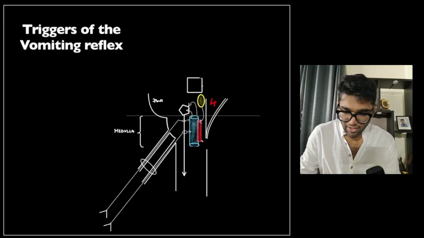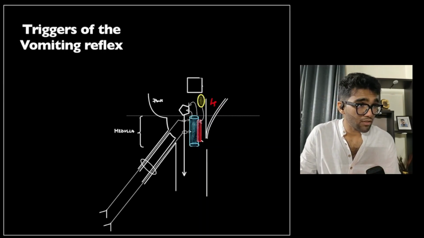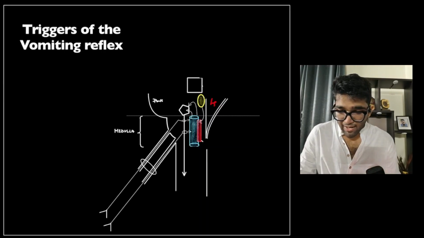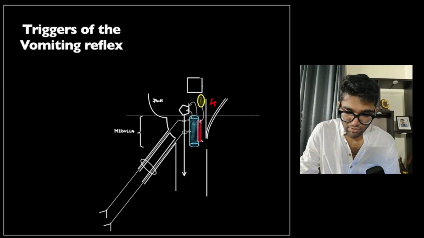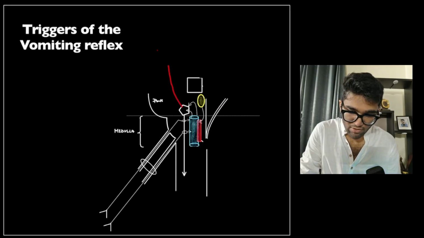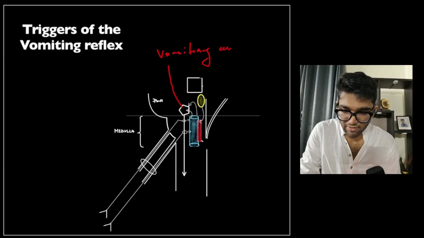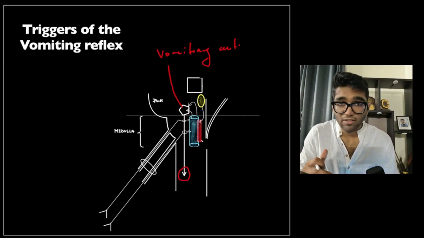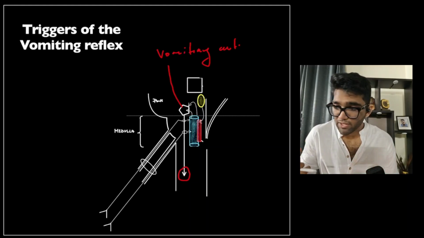So what I've drawn are actually two structures within the upper medulla, including the vomiting center. This star-shaped structure is the vomiting center. Now, the vomiting center essentially gives signals downstream into the parts of the spinal cord that innervate the muscles involved in the entire vomiting reflex.